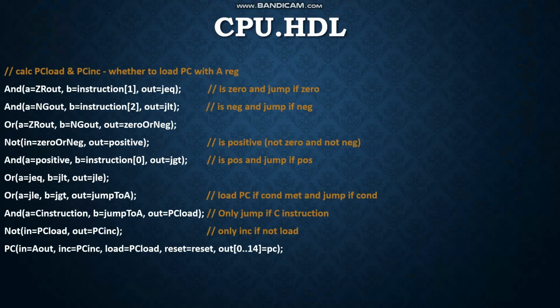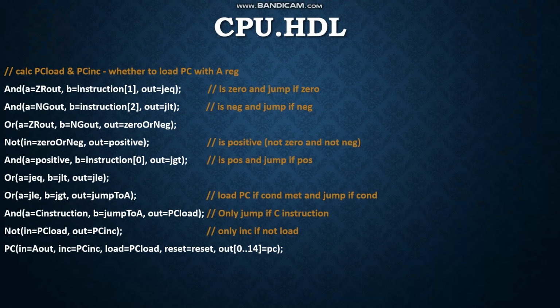Now coming to the last part of the code, these lines calculate whether to load the PC program counter with the A register or increment the program counter. This is based on the jump bits of the instruction and the zero and negative flags from the ALU.